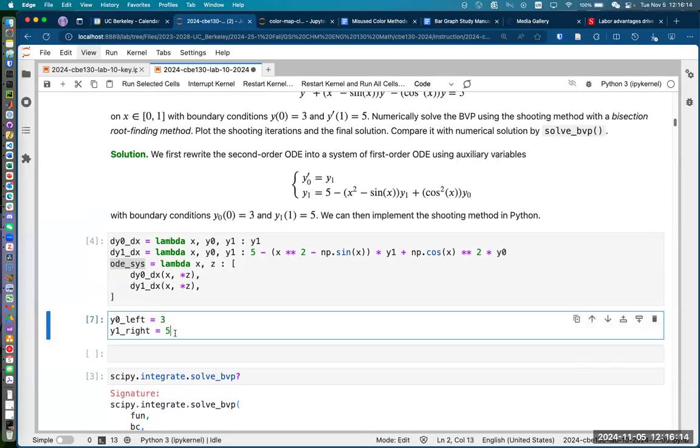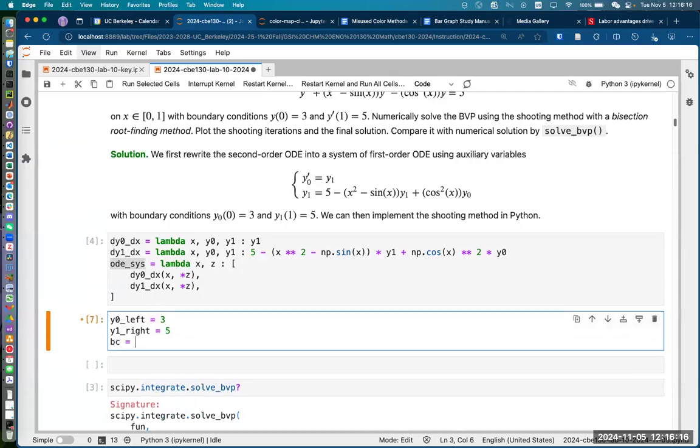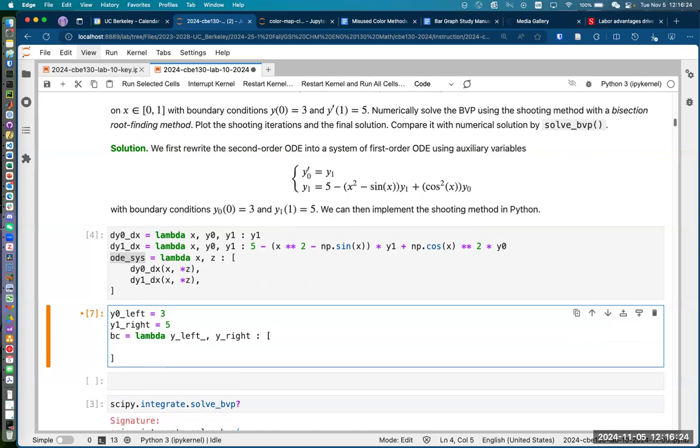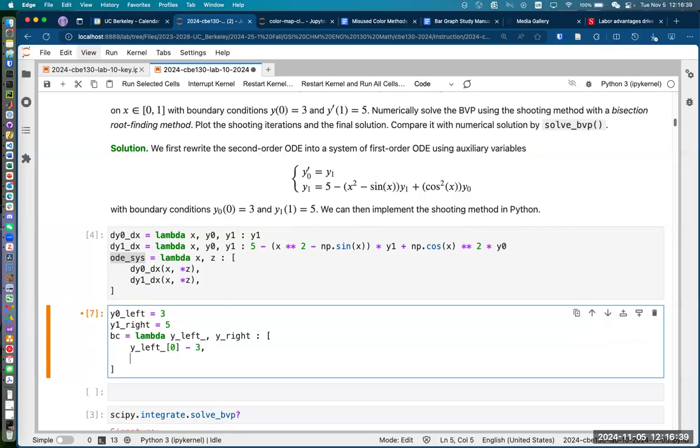In solve BVP, we want to define the boundary condition as a function instead of just numbers. So it takes in y left and y right. The first boundary condition would be y0 minus 3 is equal to 0. So that will be y left, index 0. This index 0 means it's the original function, minus 3 is equal to 0, and this 3 is y0 left.